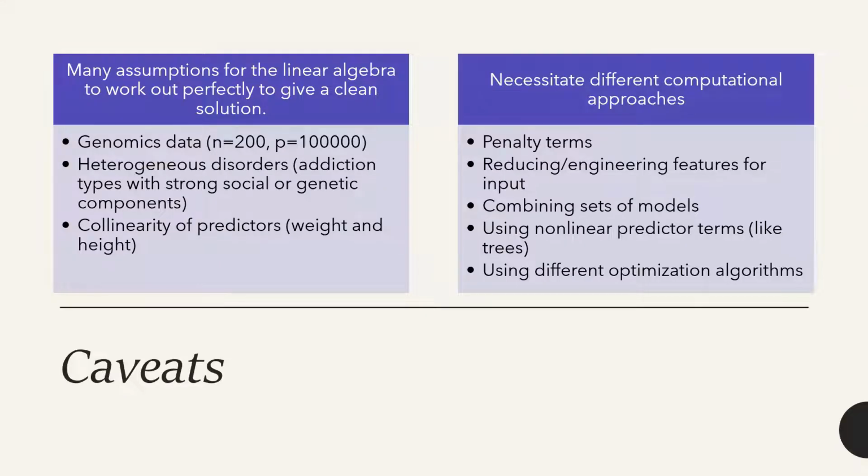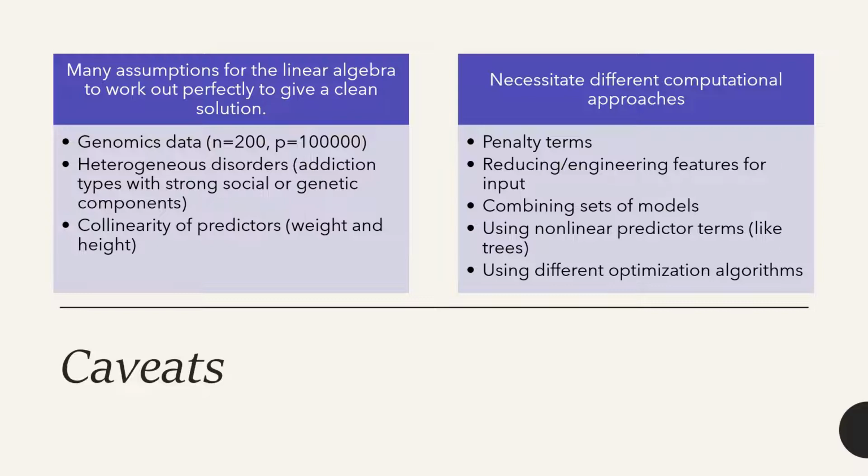However, in the real world, there are many assumptions of linear algebra that just don't work with real world data. So one example is genomics data. We might have 200 patients and 100,000 genes that we're looking at. This is a system that is not fully determined. And when we do the inversion, we have an underdetermined system. We might also have heterogeneity within our sample. So we might have subpopulations of patients.